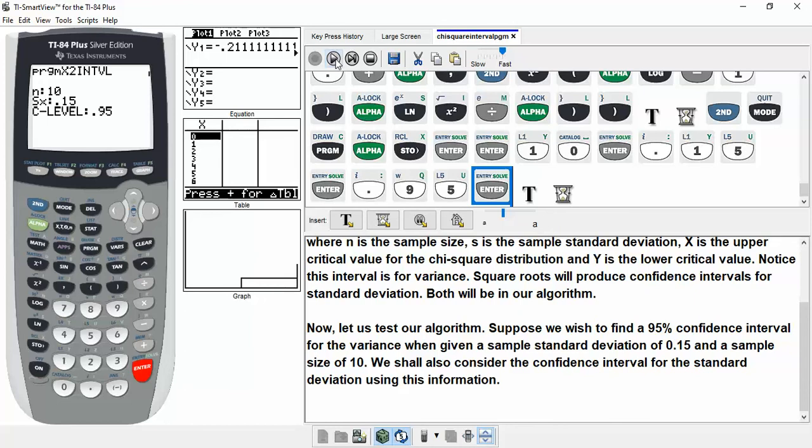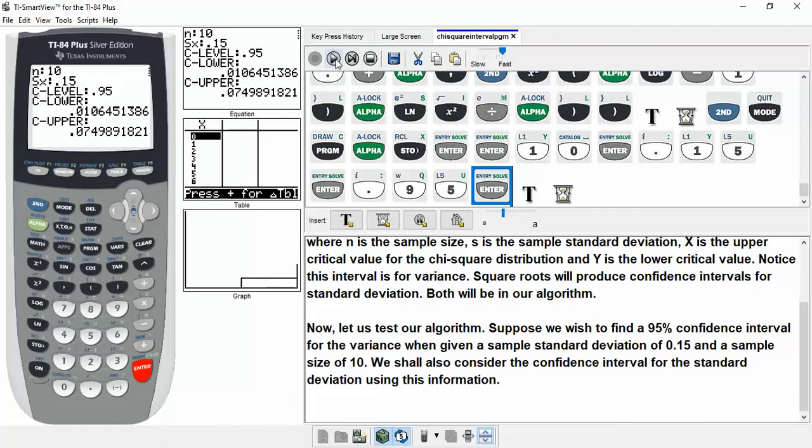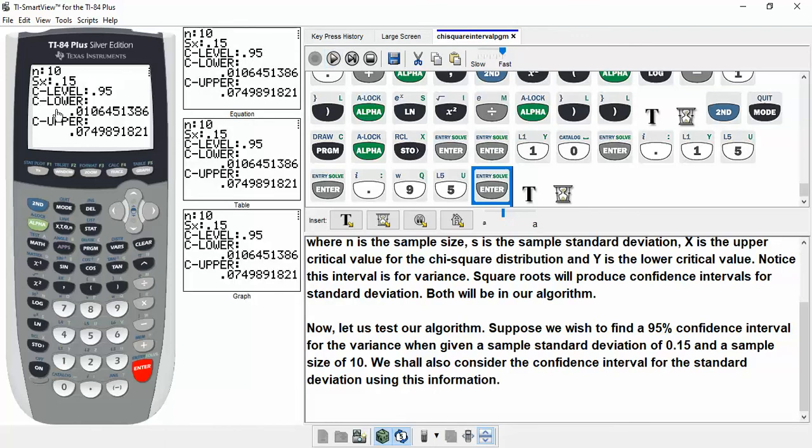And again, it's going through doing those values. And here we get the lower at 0.0106, and the upper is 0.074.